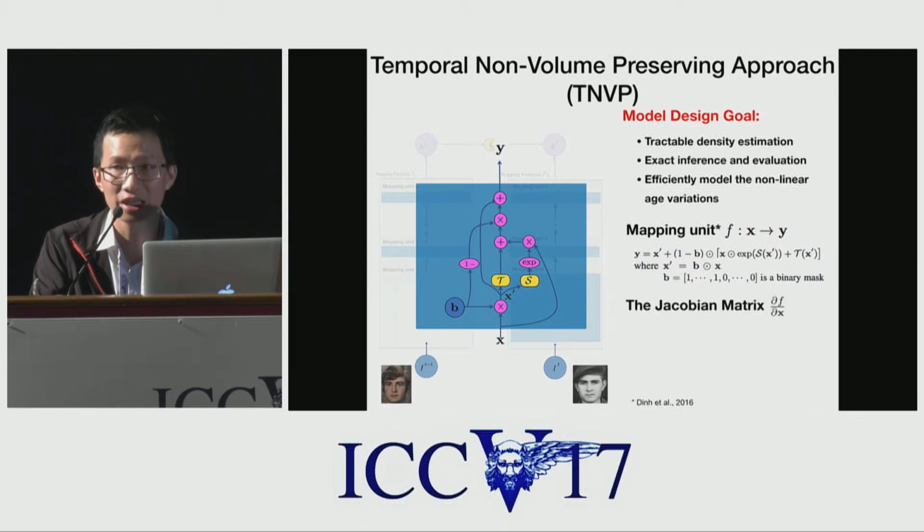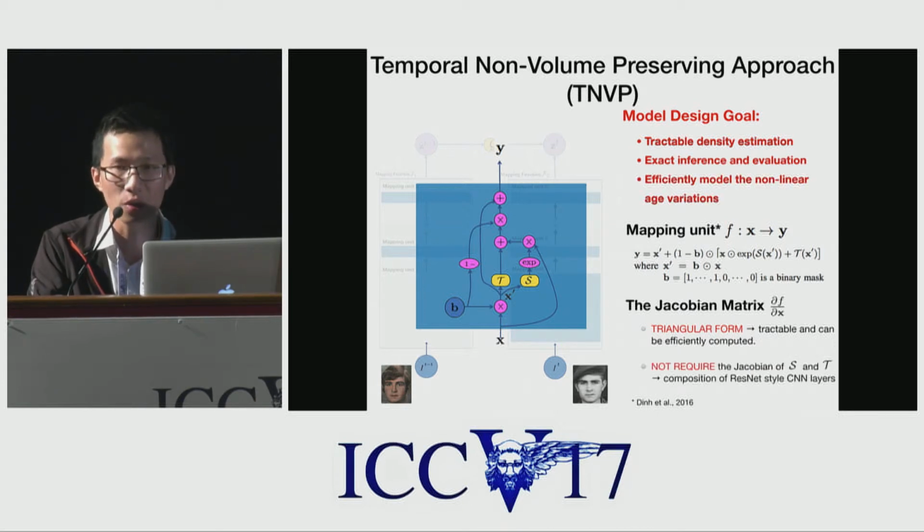This function has a special property: when we take the derivative of function f with respect to x, the Jacobian matrix has a triangular form. Therefore, it's tractable and can be efficiently computed. Also, it does not require computing the Jacobian of S and T, the scale and translation. And we can use ResNet-style CNN layers to model this.